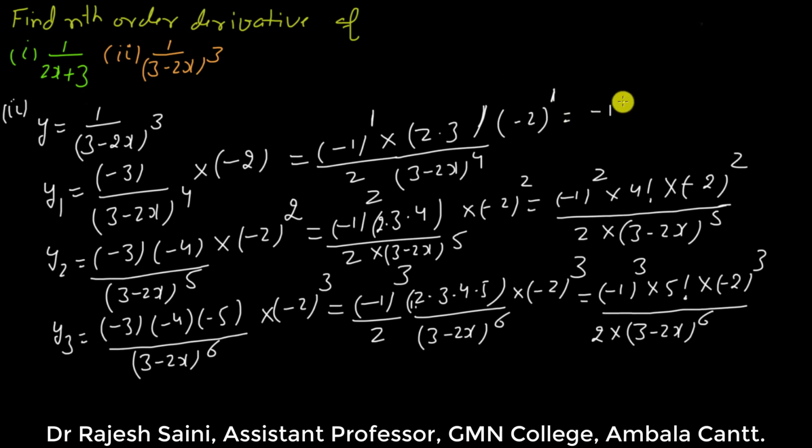So this will be minus 1 raised to the power 1 into 2 into 3 is 3 factorial divided by 2, 3 minus 2x raised to the power 4 into minus 2.